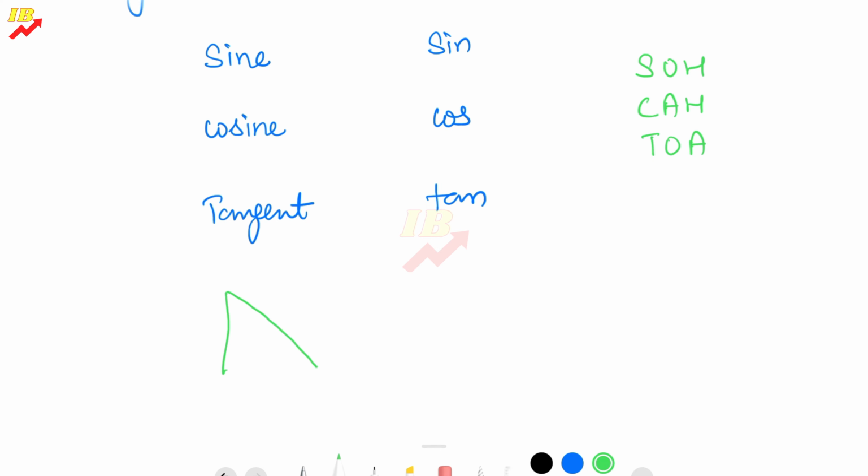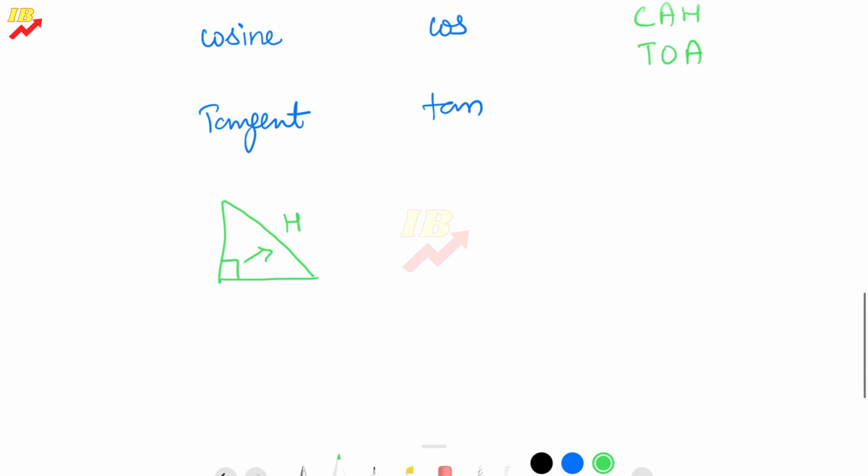Suppose I'm drawing a right triangle like this, and I know that the side opposite to the right angle is the hypotenuse, which is lying here, and suppose we are finding some angle here. I am taking this as my theta, where theta stands for the unknown or known angle, right?